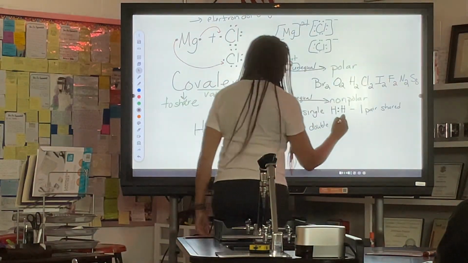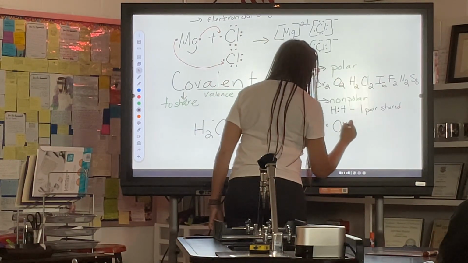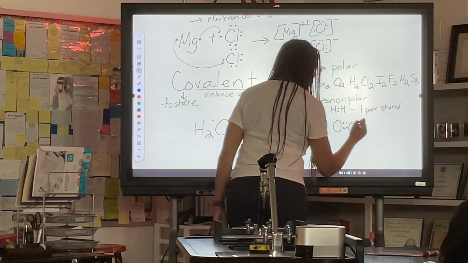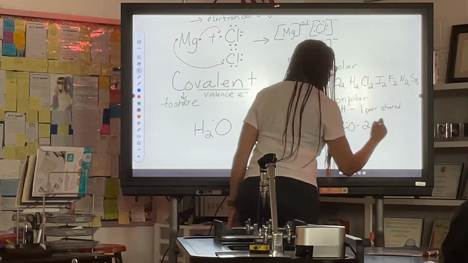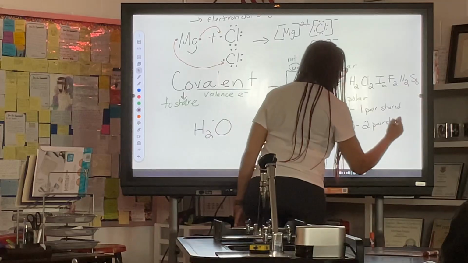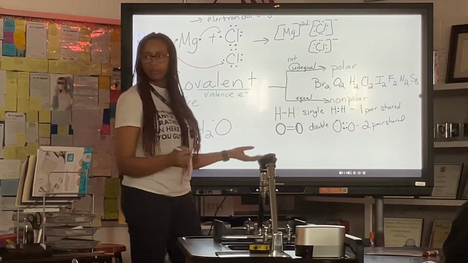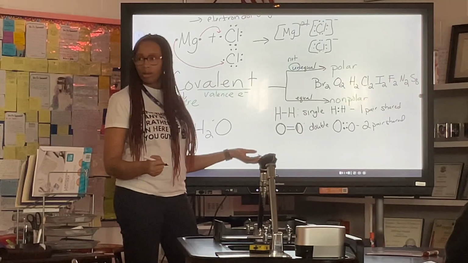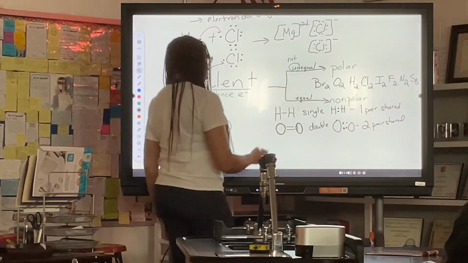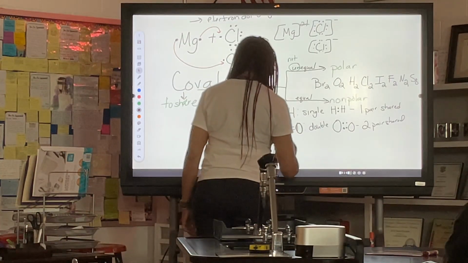So what does that mean? How many pairs of valence electrons is it sharing? 2 pairs. It's going to share 2 pairs. Okay?